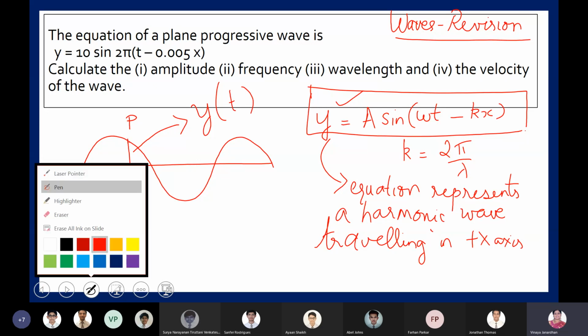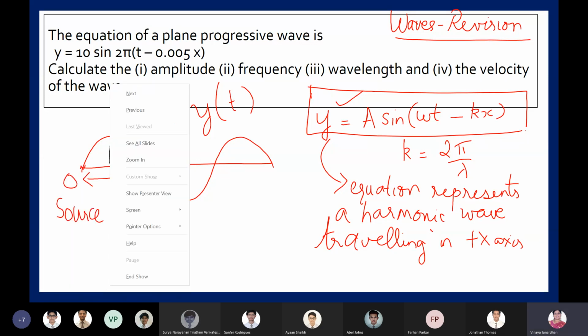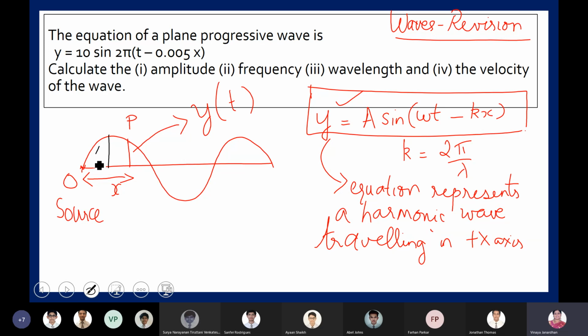Now let A be the maximum displacement any particle can undergo. So the displacement y of a particle at a distance x from the source, at time t, is given by this equation: y equals A sin(ωt − kx).